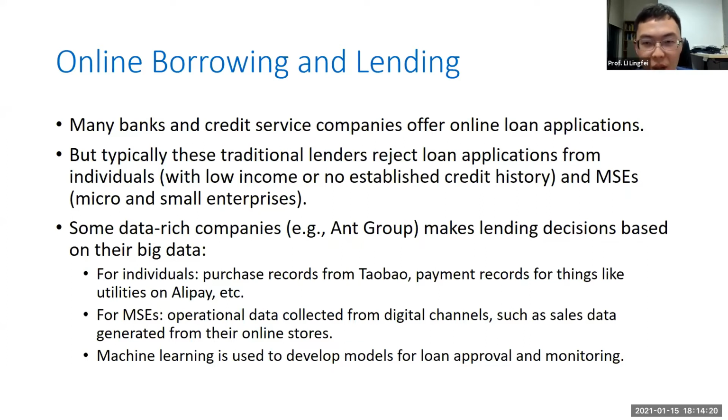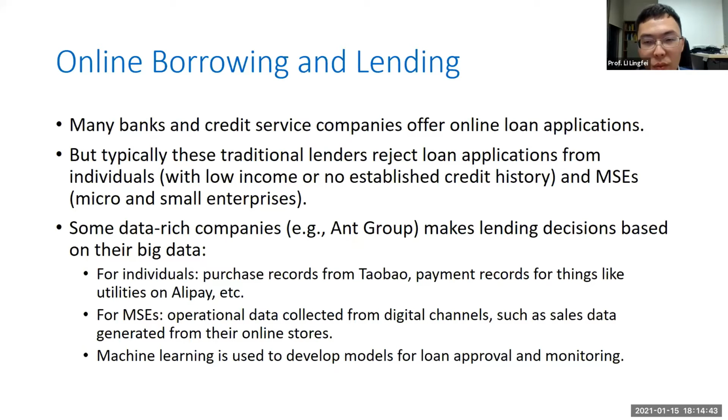Okay. So in general, Ant Group has many ways to collect data through its digital channels. So it has really big data, and it can apply machine learning to analyze the big data, to develop models for loan approval and monitoring.